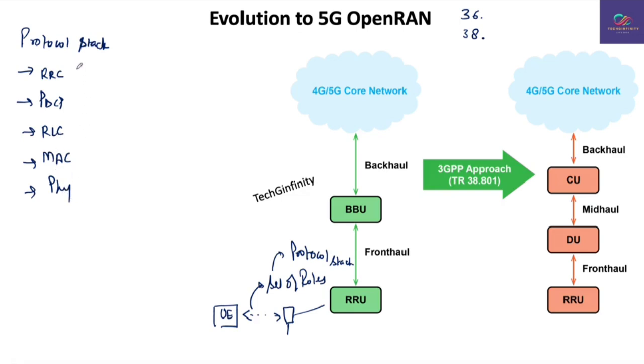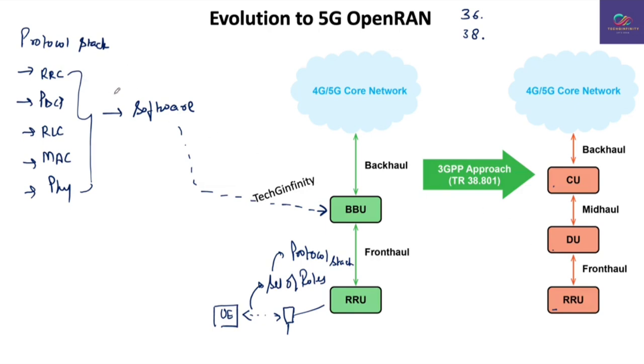And from the 4G perspective, this whole protocol stack is in the form of software, and it lies inside your BBU. But from the 5G point of view, this protocol stack has to be disaggregated across CU and DU, and some part also in the radio unit. This is what we call the disaggregation of eNodeB or BBU into CU and DU.